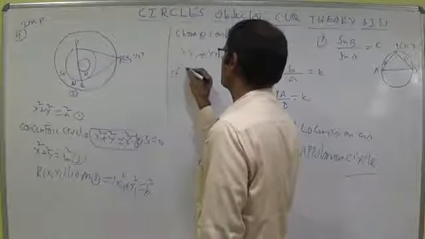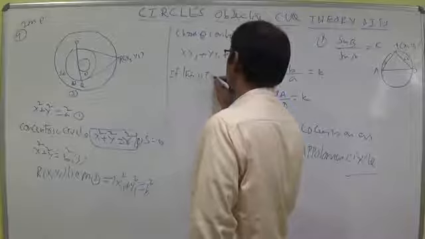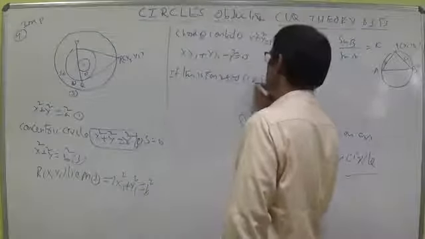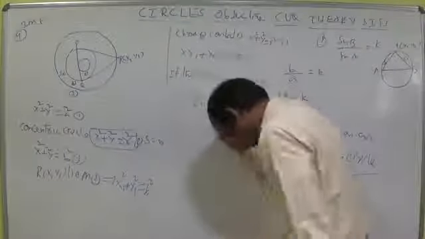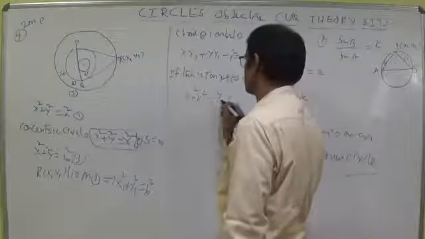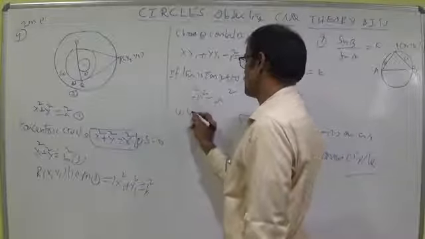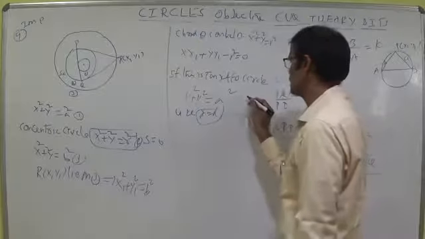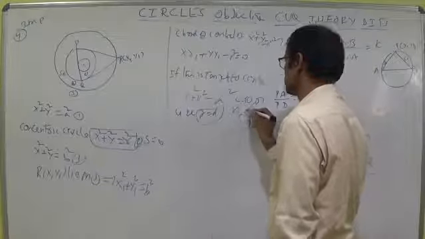If this chord of contact is tangent to the circle x square plus y square equal to a square, whenever a line is tangent to a circle, use r equal to d. What is the center here? 0, 0. What is the radius here? It is a.